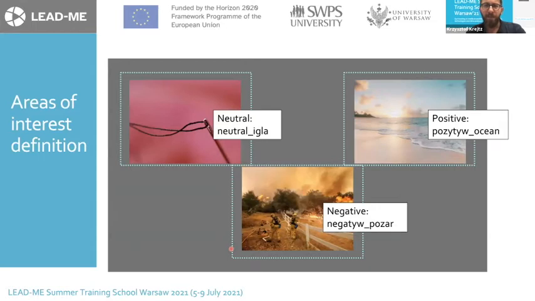So what Anna did in this study, she defined three areas of interest: neutral, positive, and negative pictures. In the names of these areas of interest, she put the valence of the picture first, then an underscore, and then the name of what is presented on the picture.